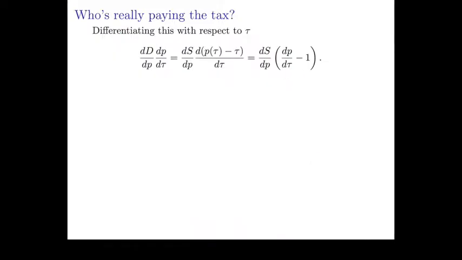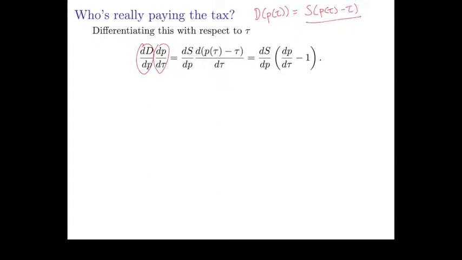What we're going to do is take the derivative of this with respect to tau on both sides. So let me write down that original equation up here: D of P of tau equals S of P of tau minus tau. Taking the derivative of the left side is pretty straightforward. It's just an application of the chain rule: the derivative of demand with respect to P times the derivative of P with respect to tau.